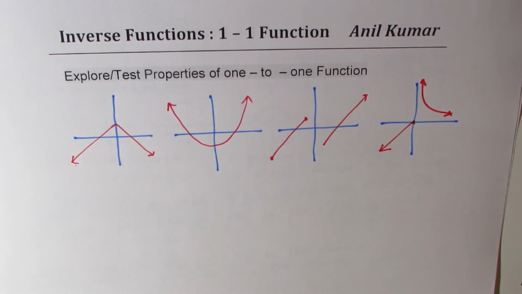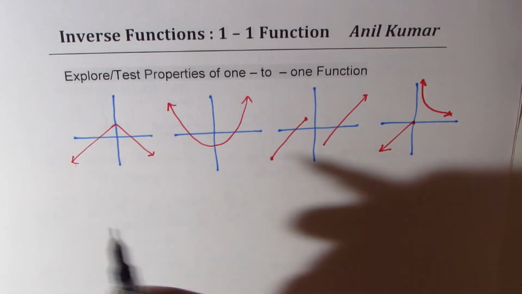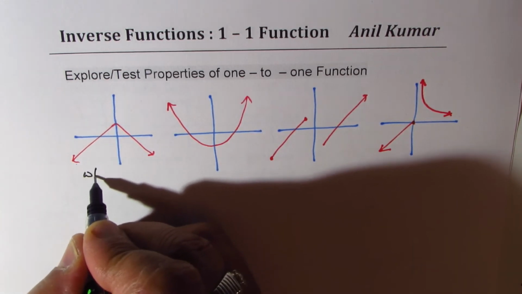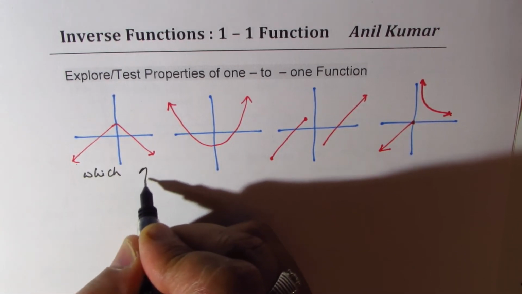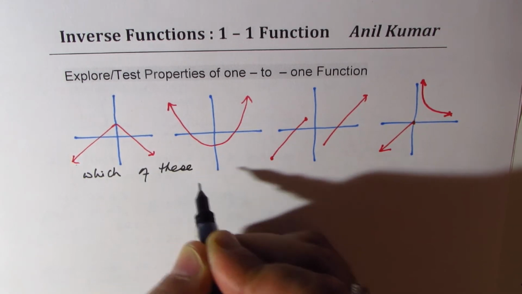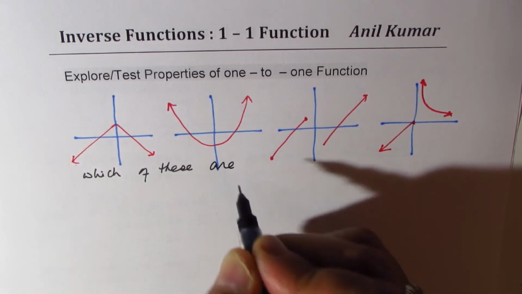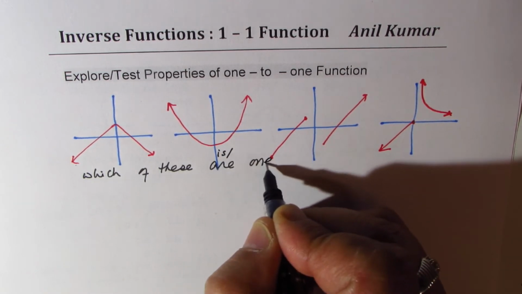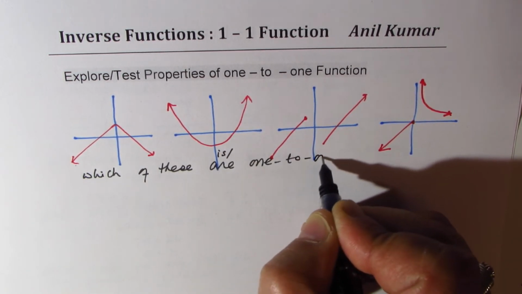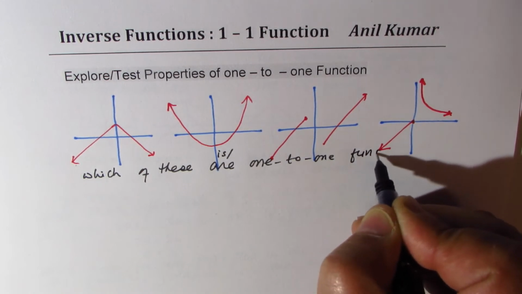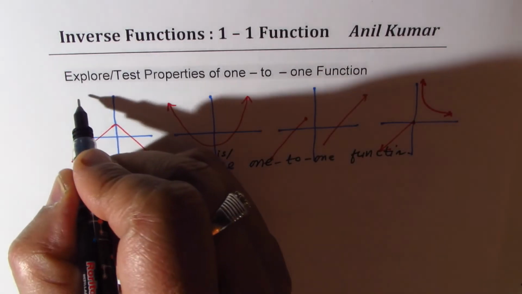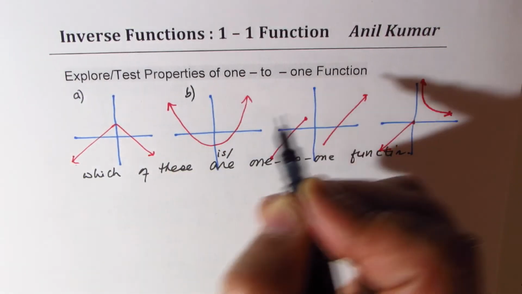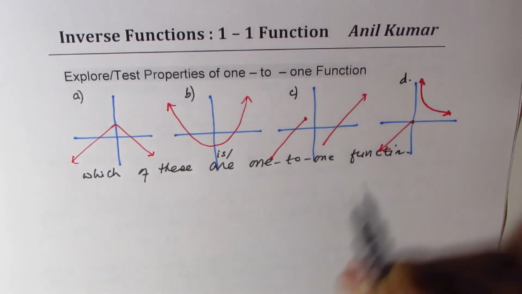So these are the functions. You need to tell which of the above are, or is, a 1-to-1 function. Let's name them A, B, C, and D.